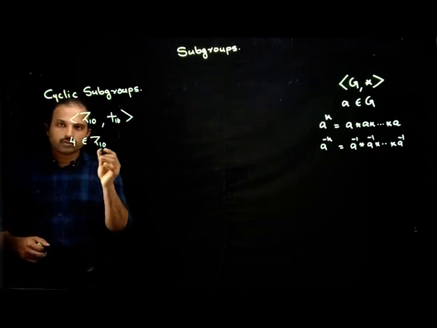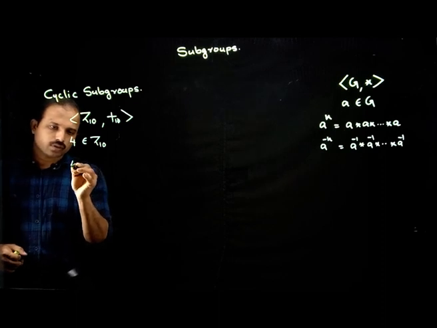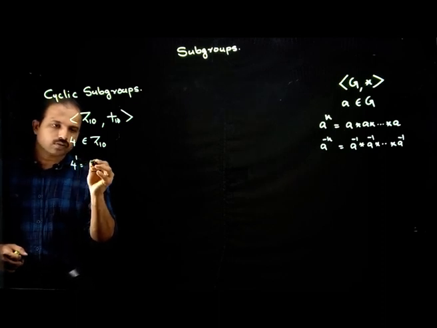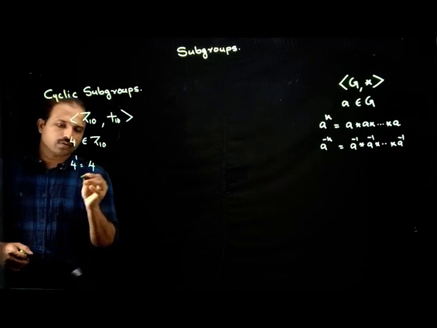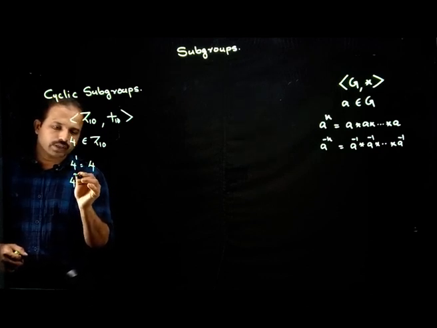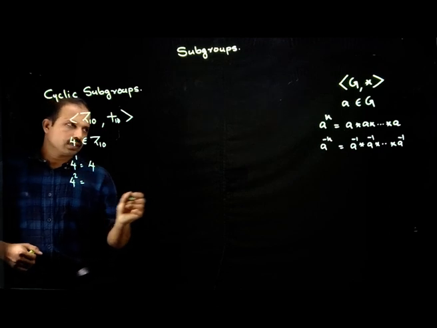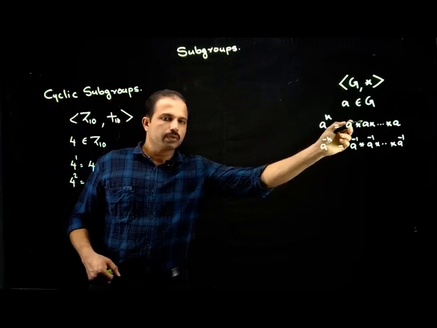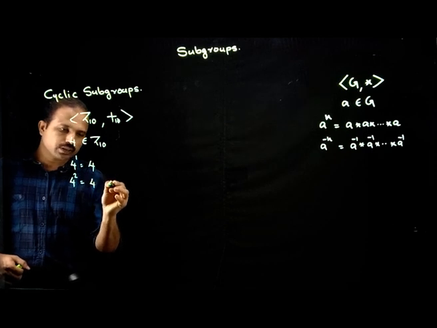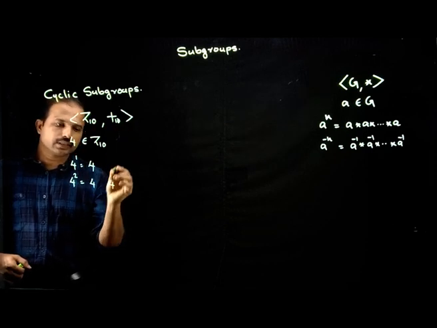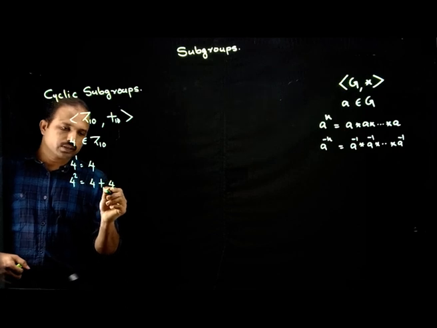Now you take the powers of 4. Now 4 raised to 1 is equal to 4 itself. But 4 square, since A raised to N means A is operated N times, means 4 is operated 2 times, and the operation here is addition modulo 10. So this is equal to 8.